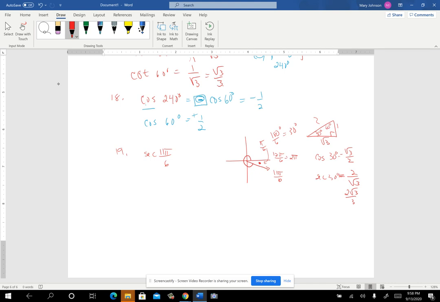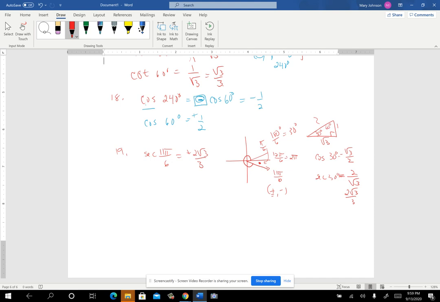Now you have to think about the quadrant you're in. Pi over 6 is really in the first quadrant, so its cosine would be positive. 11 pi over 6, though, also has a positive cosine because you have to go to the right. See how the x-coordinate is positive? So this really is going to be positive 2 square root of 3 over 3. Okay, and that would be that one.